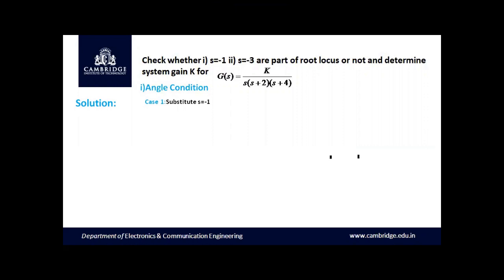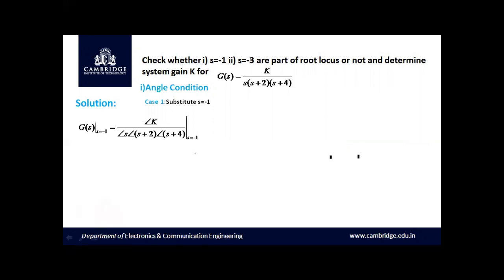So substitute s equal to minus 1 in the angle condition which we have proved right now, with G(s) at s equal to minus 1. Hence, we get angle of K divided by angle of s into angle of (s plus 2) into angle of (s plus 4) at s equal to minus 1.